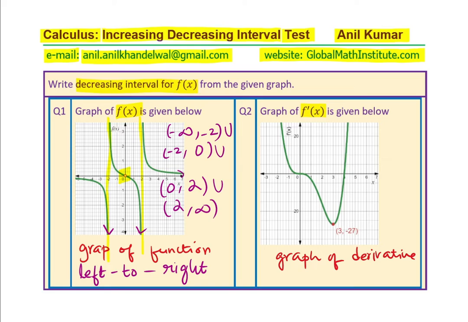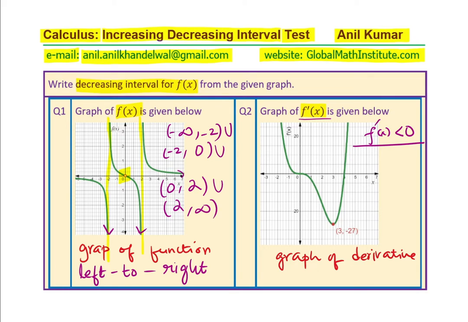Now, question number 2, as I said earlier, is actually a graph of a derivative. So, where is this function decreasing? If you say from minus infinity to 3, it will be a wrong answer. Do you know why? This is the derivative of the function, not the function itself. So, when is it decreasing? It is decreasing when the derivative is negative, less than 0.